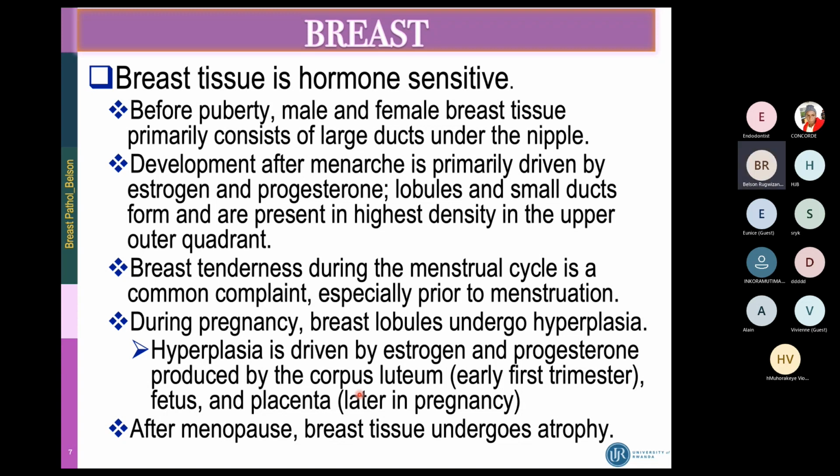Also, when a woman is pregnant or breastfeeding, the size of the breast increases because the secretory cells are sensitive to progesterone and make a lot of milk. To make a lot of milk, they need hyperplasia. The number of epithelial cells increases, and thereby the size of the breast increases.